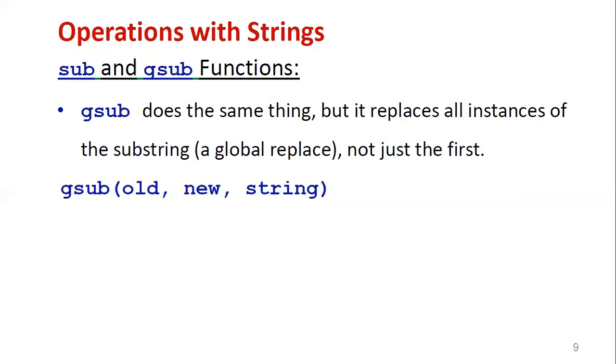Suppose two strings contain one replacement value, only the first will be replaced using sub, whereas gsub replaces all the places, all instances of the substring, global replacement. The syntax is the same, gsub old, comma, new, comma, string. Both syntaxes are the same, but the commands sub and gsub are different.